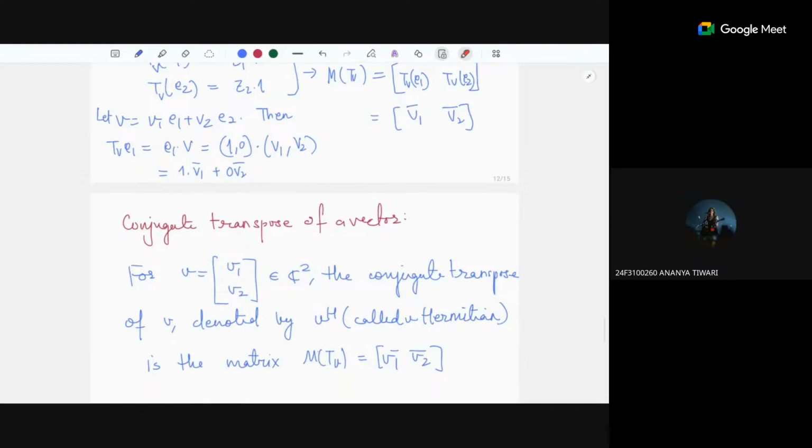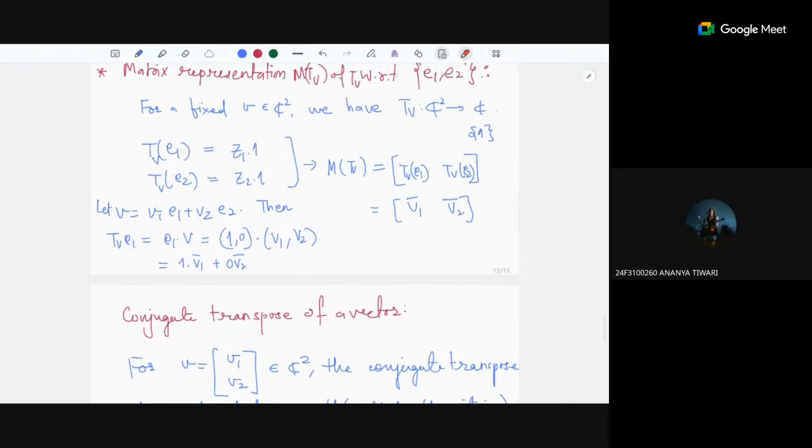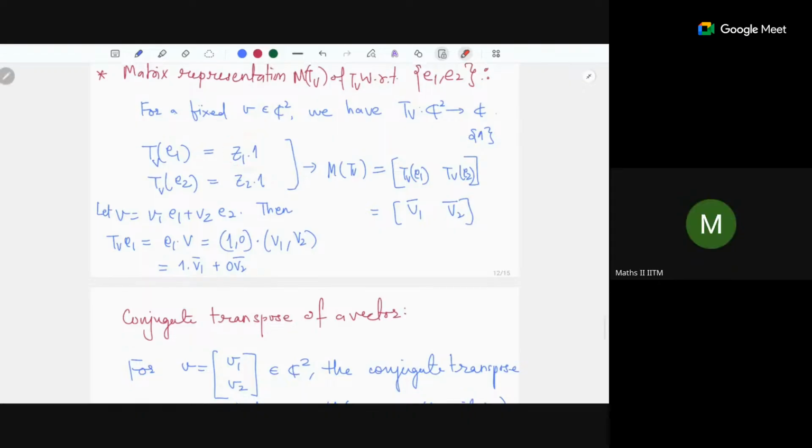Where you wrote z1 into 1, there we can take it like multiplying, but this is inside C, right? What is the dot product of two complex numbers? There is no dot product. It is scalar multiplication only, right? Yes, sir.